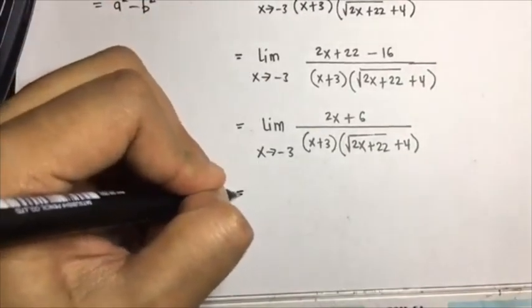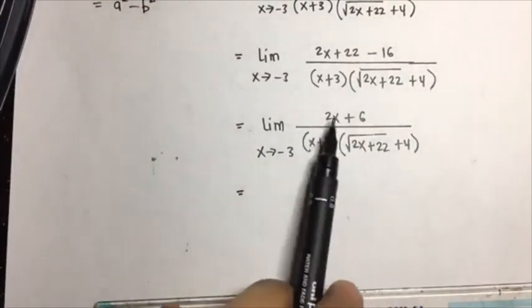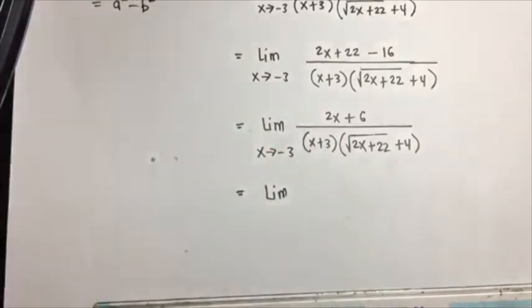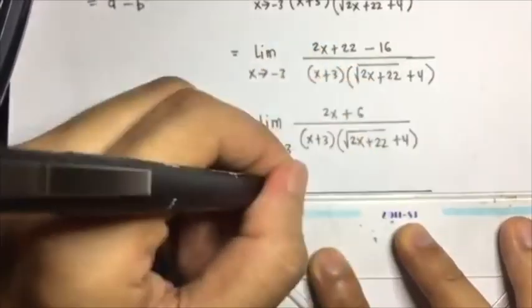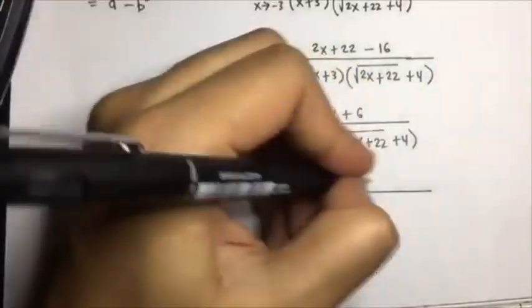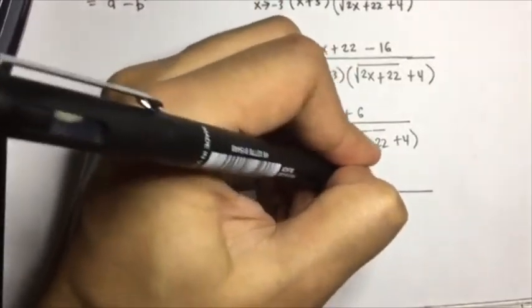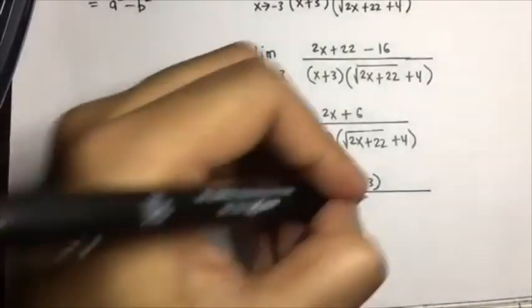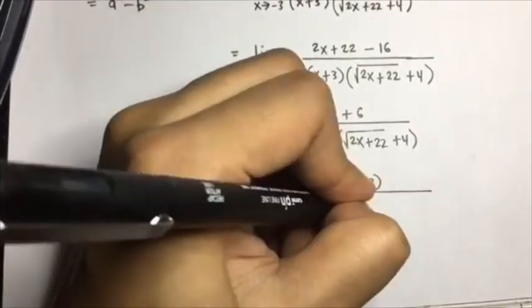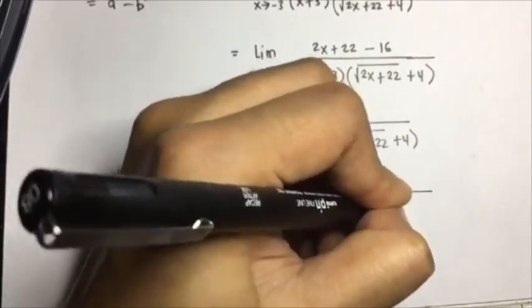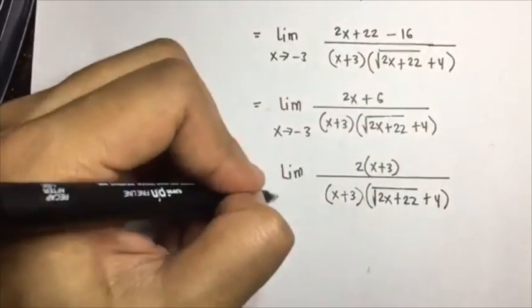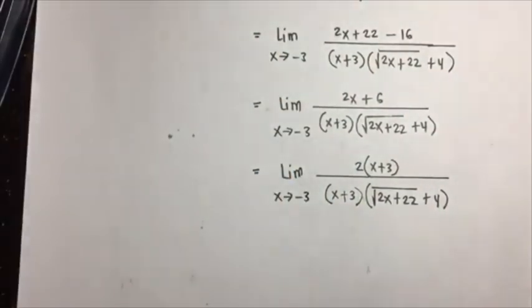Next, we can factor the numerator. The greatest common factor is 2. Factoring out 2, it becomes 2 times x plus 3 over x plus 3 times the square root of 2x plus 22 plus 4, as x approaches negative 3.